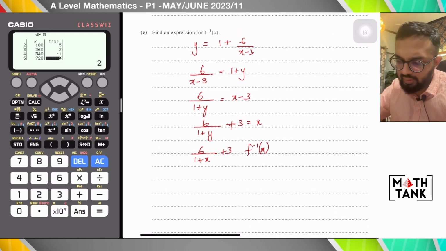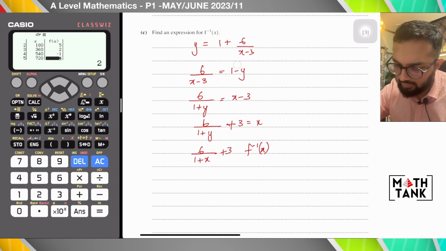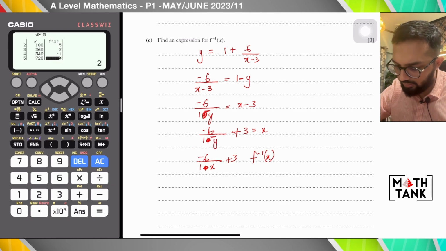Okay, on the previous question, I think I may have gotten the sign wrong. This has to be minus. This has to be minus. This has to be minus. And there's a minus in the numerator as well.